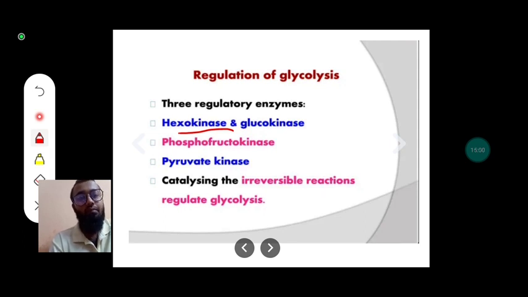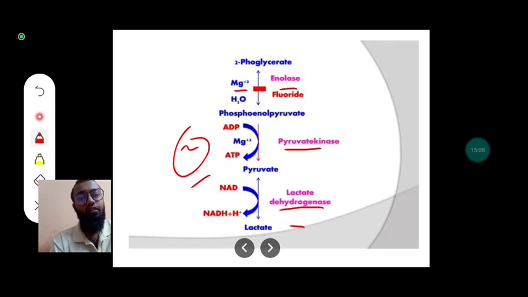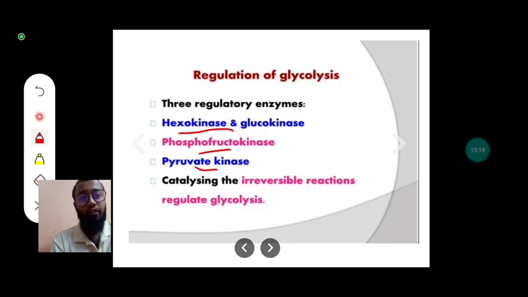The second enzyme is the phosphofructokinase, and students, you remember where this enzyme comes. And the last is the pyruvate kinase, and we see the pyruvate kinase in the second last reaction, or the last reaction in the aerobic process. So remember students, these three enzymes play a crucial role, and they catalyze the irreversible reactions regulated in the glycolysis.